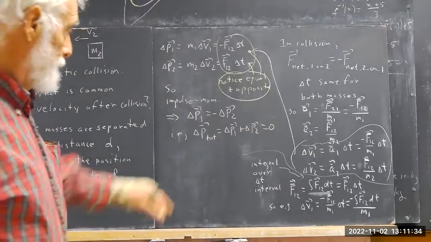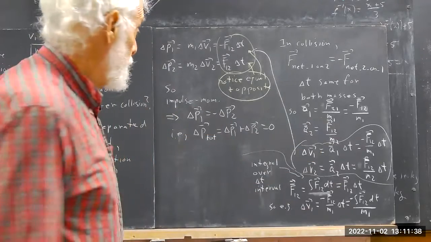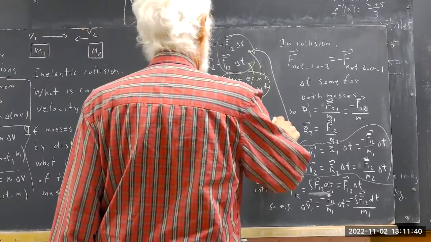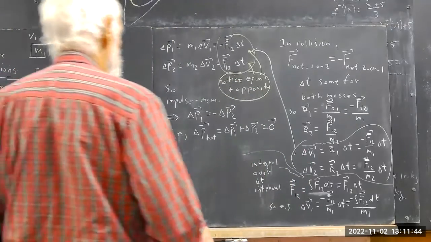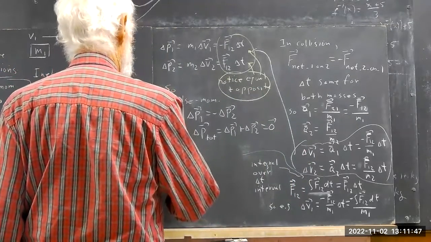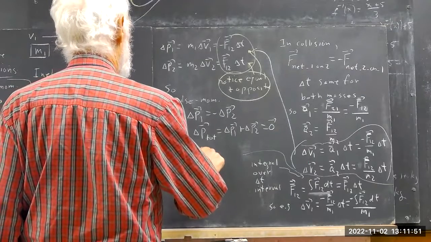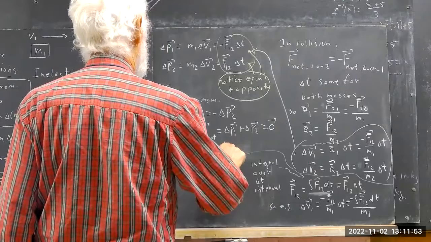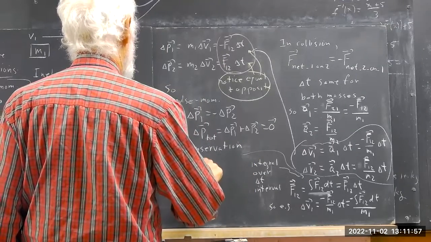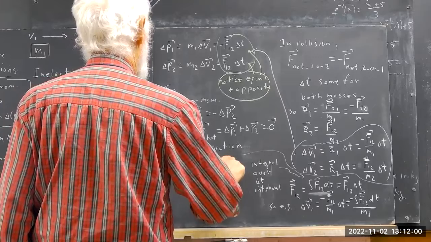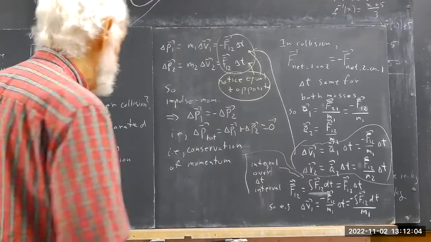And that, of course, means that if you have these two things that are equal and opposite, you get zero. It's a zero vector, i.e. conservation of momentum.